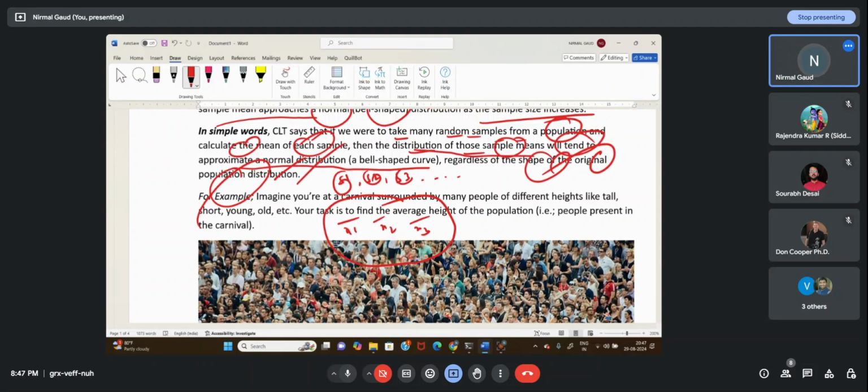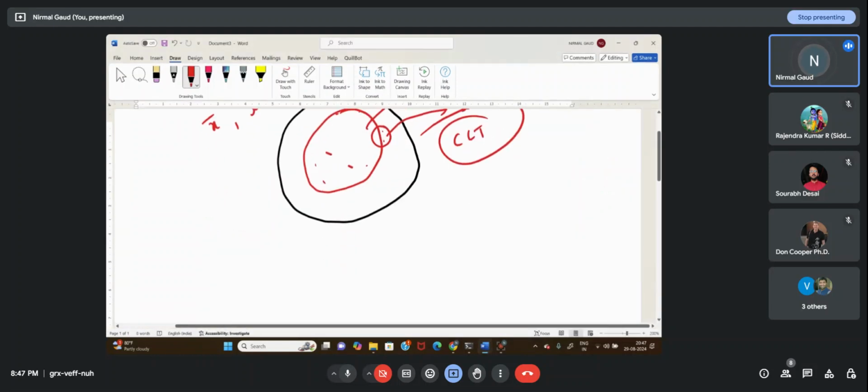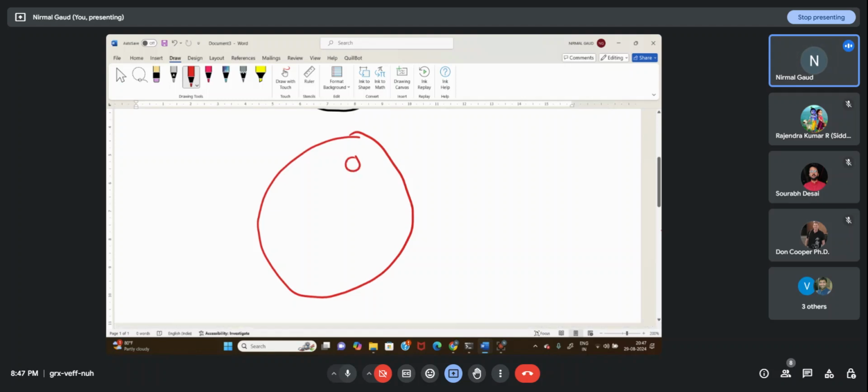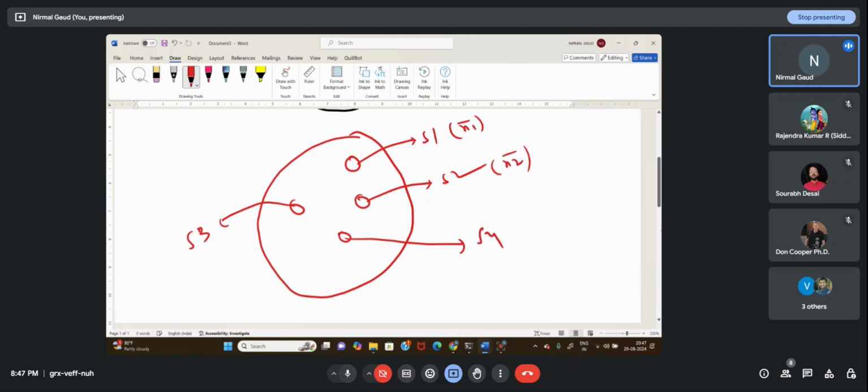It makes no difference what the shape of the original data is. You just take as many samples as possible. Let me again make the diagram. This is your population. You took this sample S1, S2, S3, S4. The means of these samples are x1 bar, x2 bar, x3 bar, x4 bar.